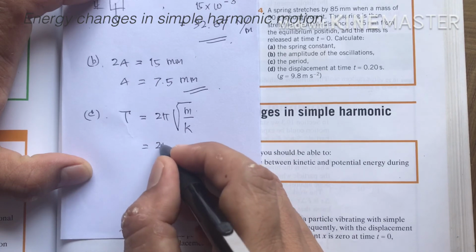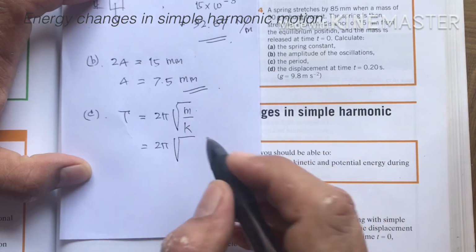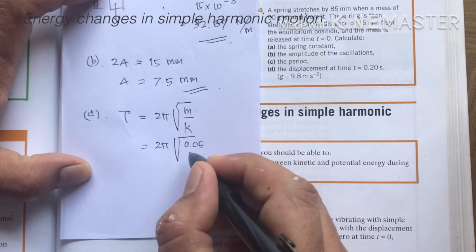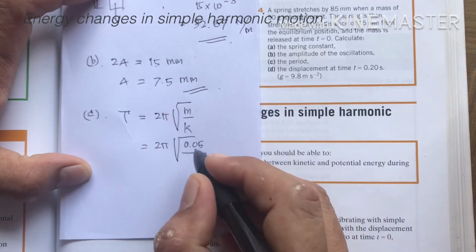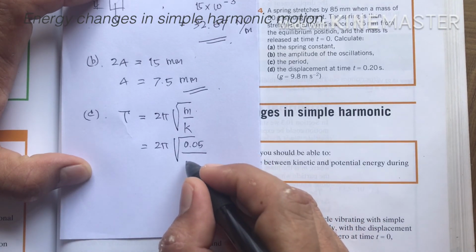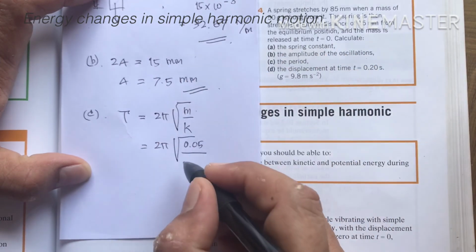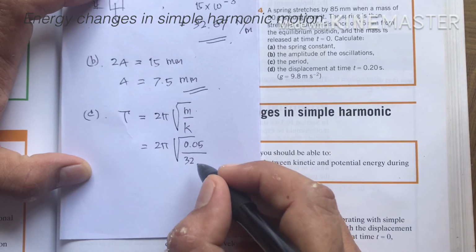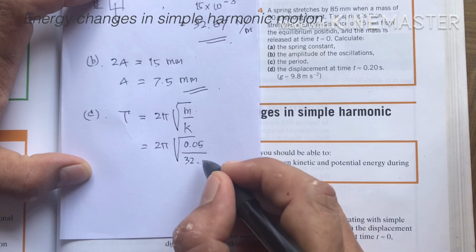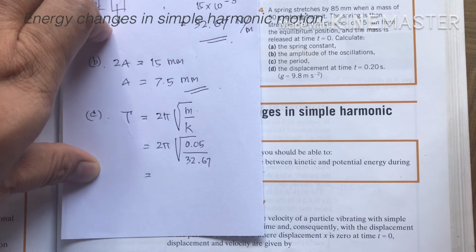So we have 2 pi, the mass hanging on this pendulum is 50 gram or 0.05 in kilogram, and k is 32.67.